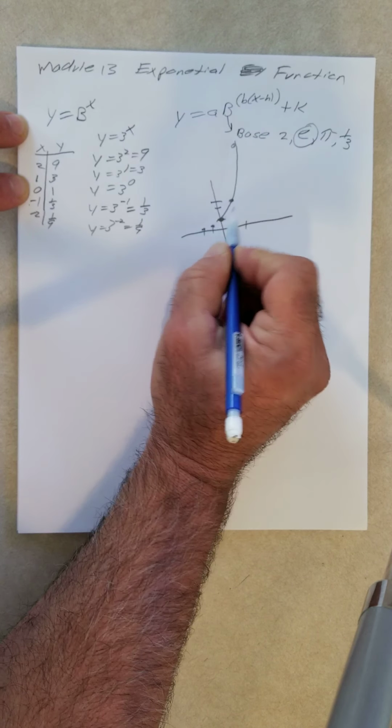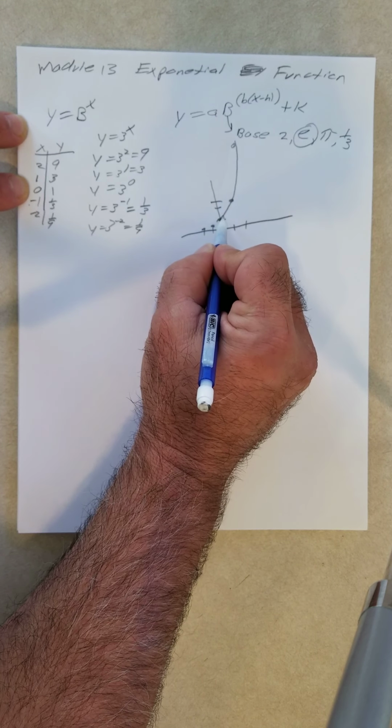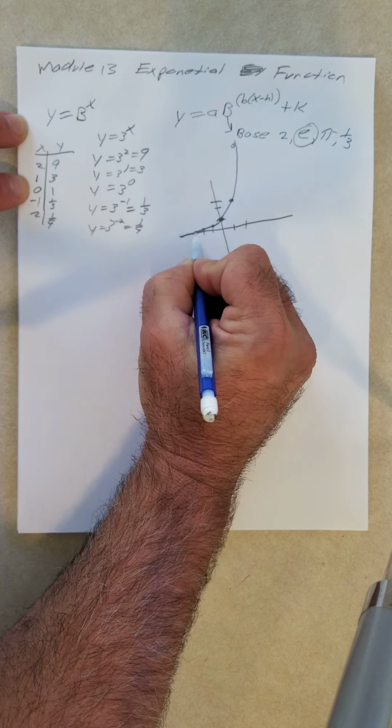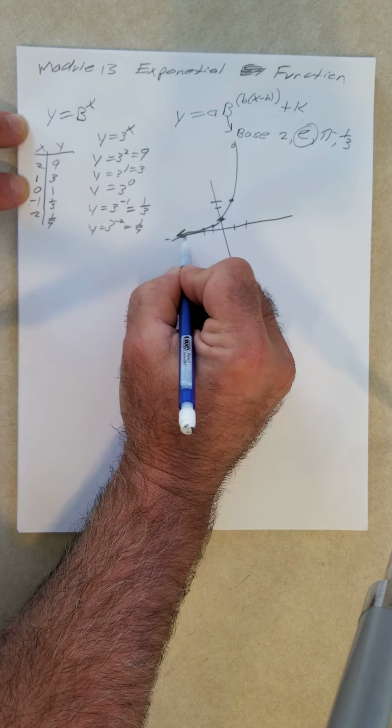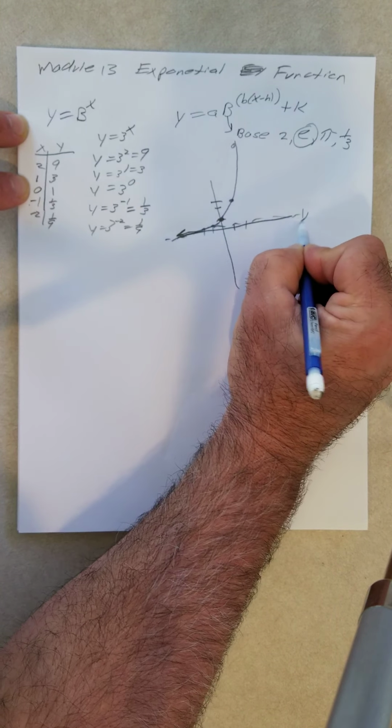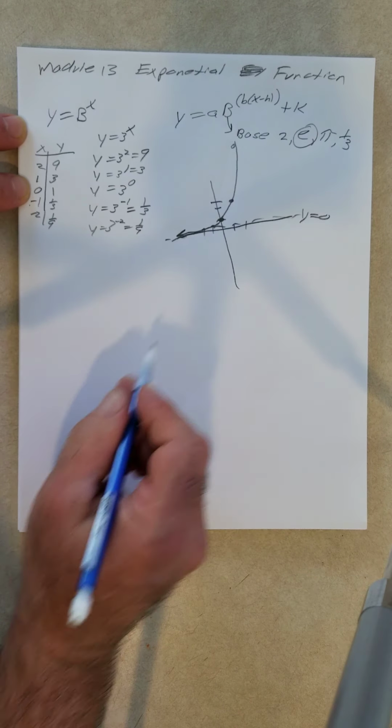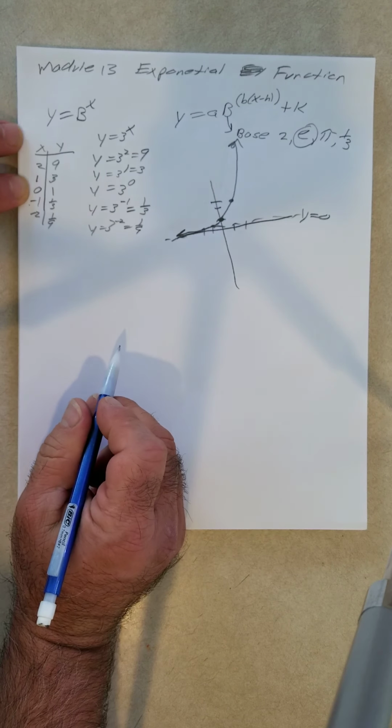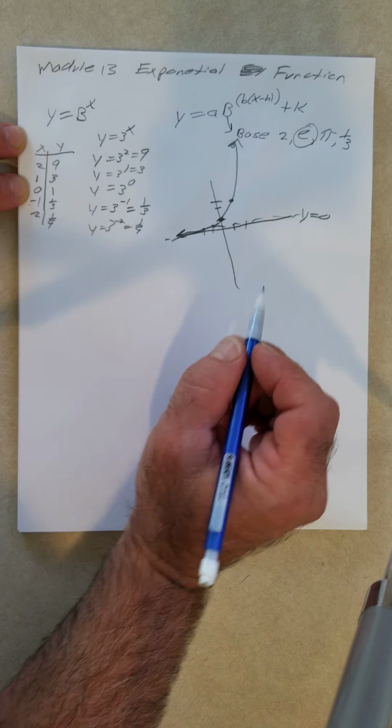It's getting much closer. The further out you come, the closer and closer it gets, and we know that is called an asymptote. It never reaches the x-axis, therefore y equals 0 is a horizontal asymptote. That's what the parent function looks like for the exponential graph.